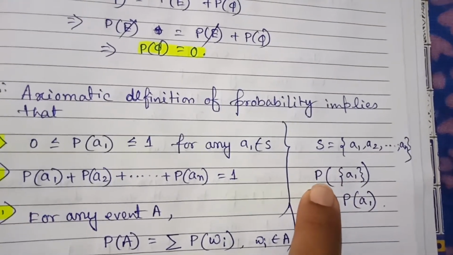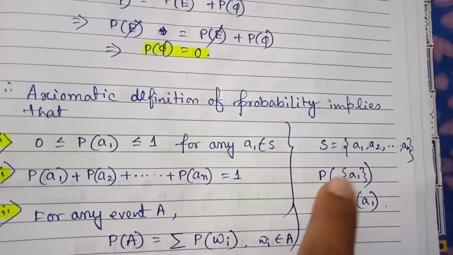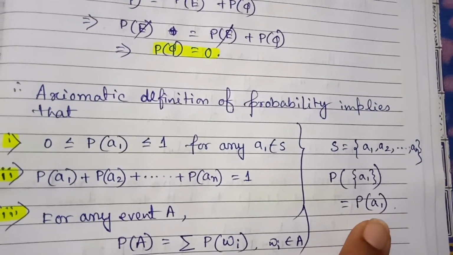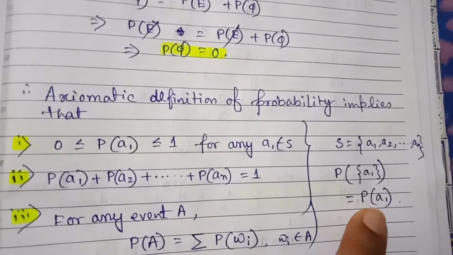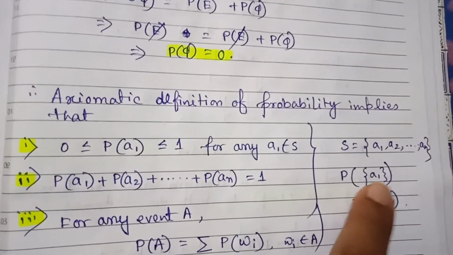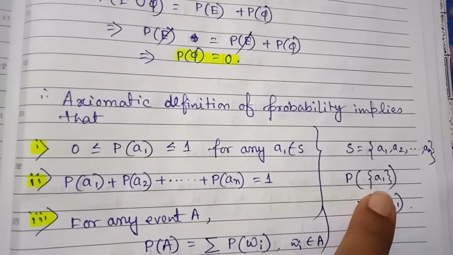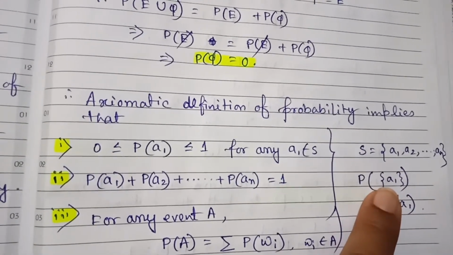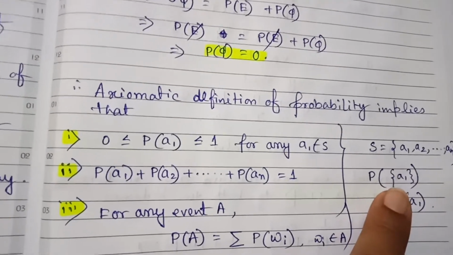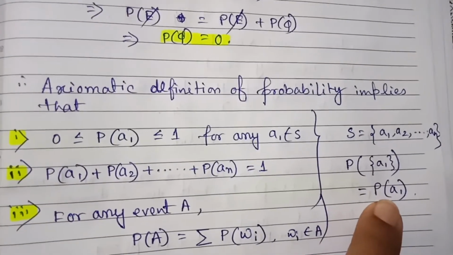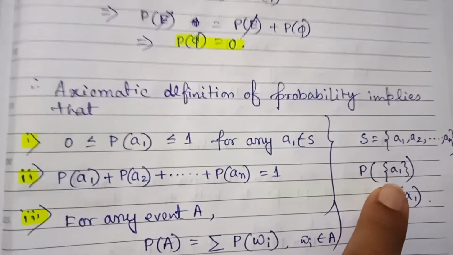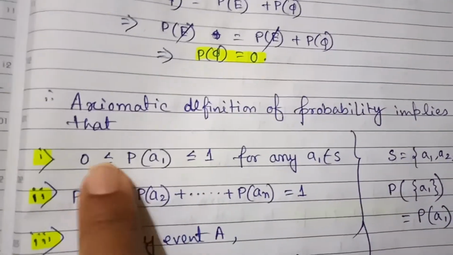Actually we should write it like this, but in spite of this we write P(A1) directly. These are actually elementary events. We call singleton set events simple events or elementary events. Now the probability of elementary events we can write like this without the set bracket.